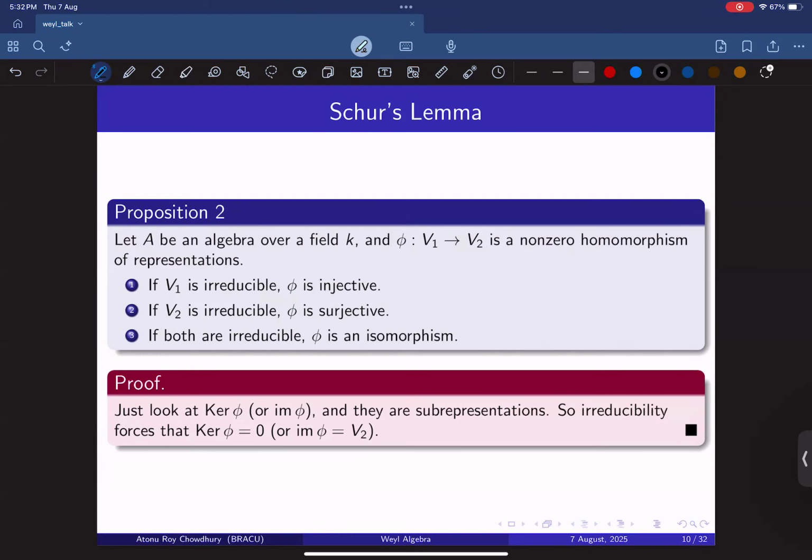So if V1 or V2 is irreducible, then those sub-representations have to be either zero or the whole space. In those cases, either the kernel of phi is zero, in which case phi is injective, or the image of phi is V2, in which case phi is surjective. All right, so this is the statement of Schur's lemma, and we are going to use it a lot.